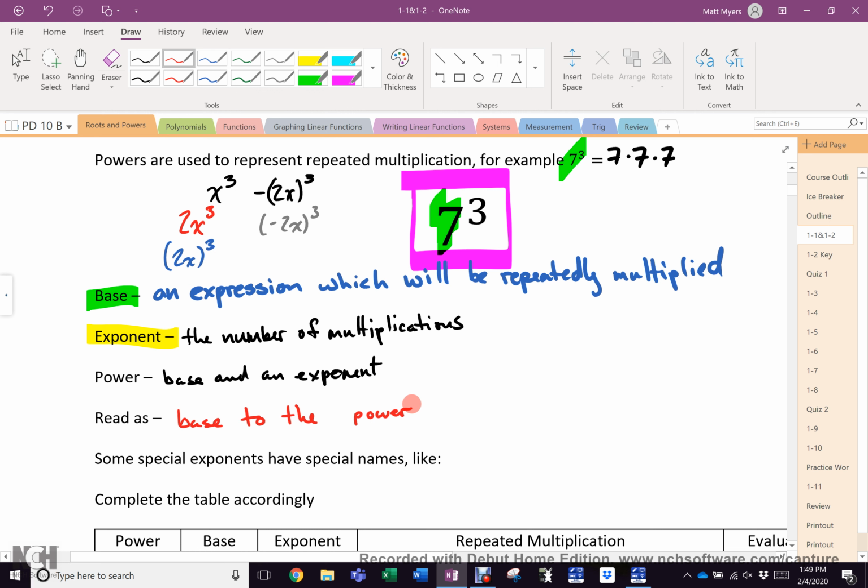Everybody cool? Now, 2 numbers get special names. What are they? 2 and 3. 2 is what? Squared. And 3 is cubed. Everybody else, boring, doesn't get a special name. They feel left out and unincluded, and they take to social media.